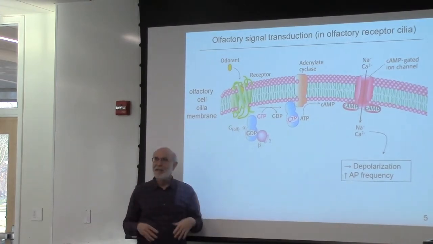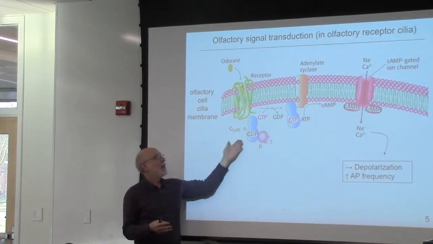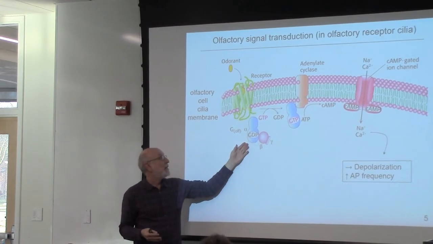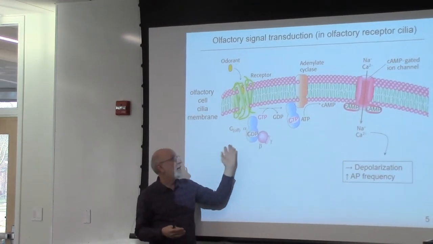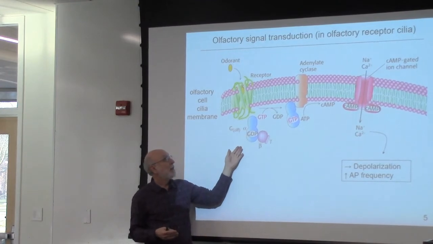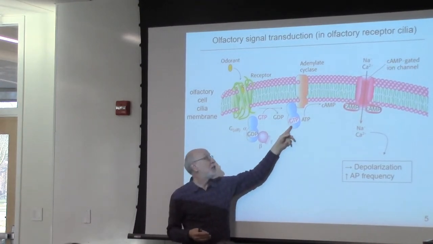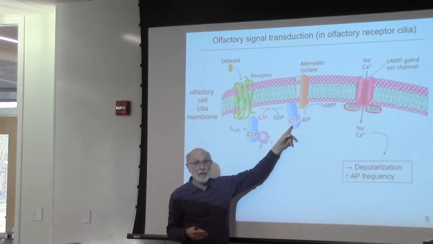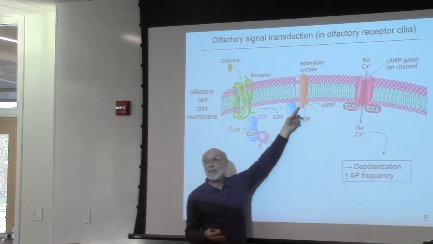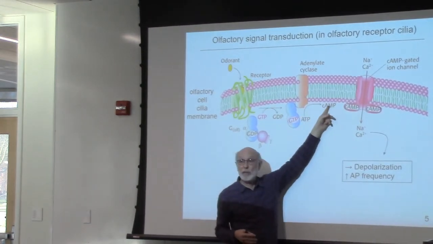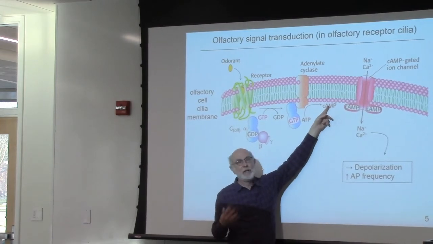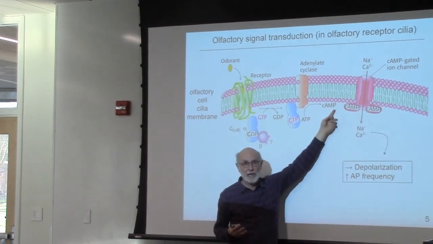Odorant binds, conformational change of the G protein, GDP dissociates, GTP associates, beta gamma separates from alpha. In this case, it's the GTP liganded alpha that activates adenylyl cyclase. You've been here before. Adenylyl cyclase hydrolyzes ATP into cyclic AMP. You've been here before.